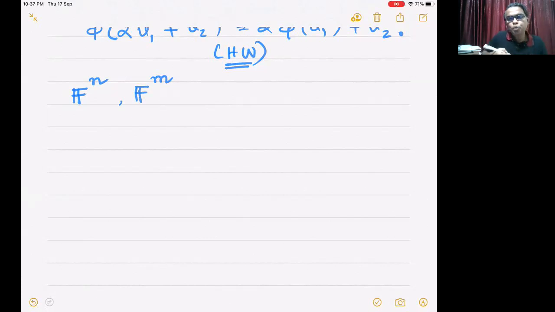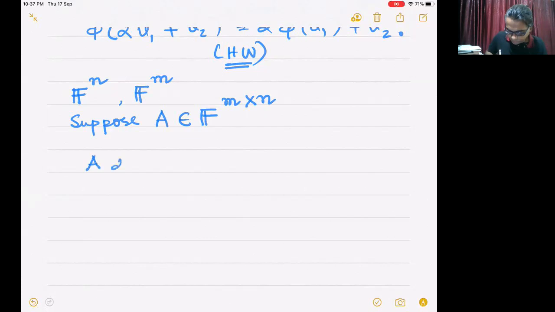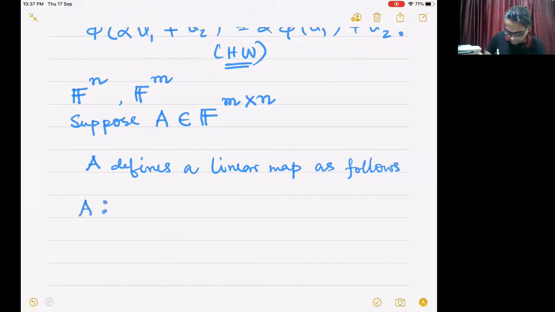Similarly, matrices are prototypes for linear maps, in the sense that suppose A is a matrix of size m cross n with entries coming from the field F. Then this A defines a linear map in the following manner, from F^n to F^m.